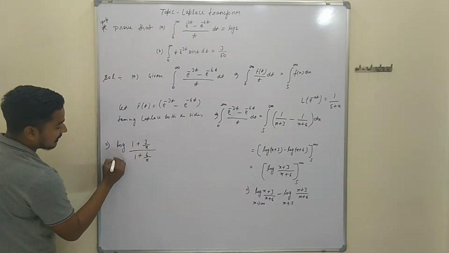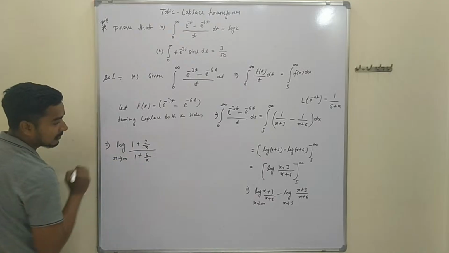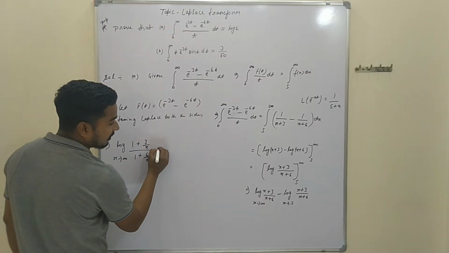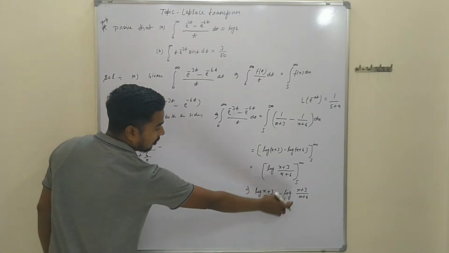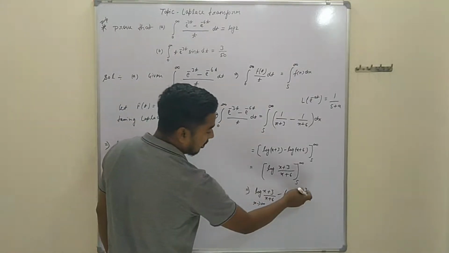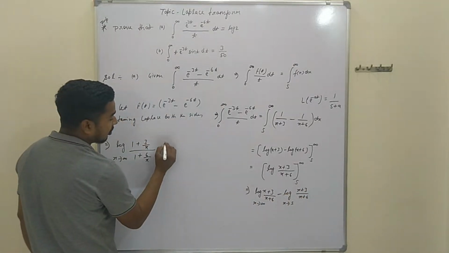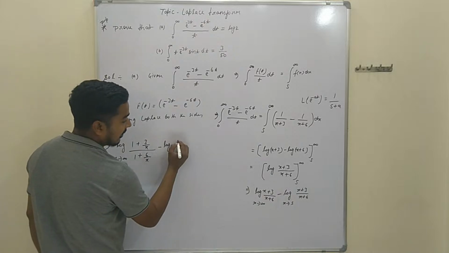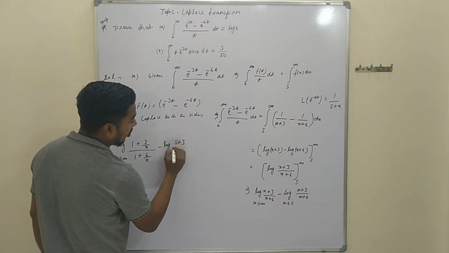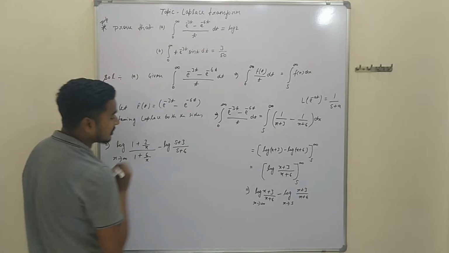Here x tends to infinity, and for the lower limit we have to apply it: in place of x we have to put s. This gives log of (s+3) upon (s+6).